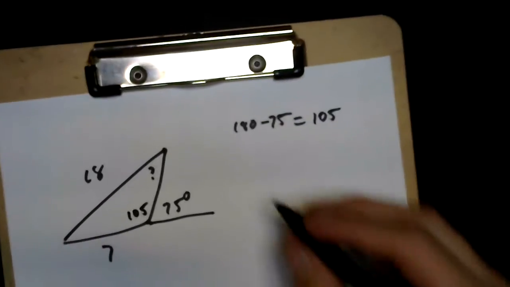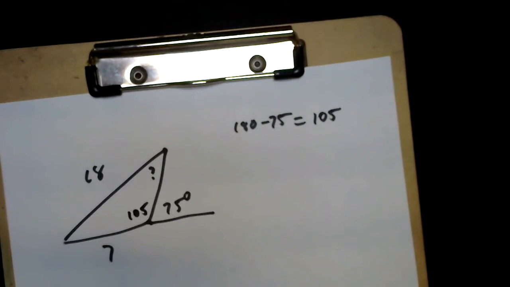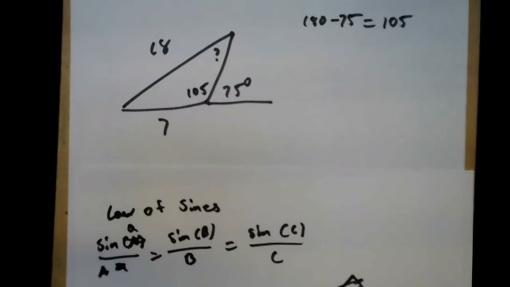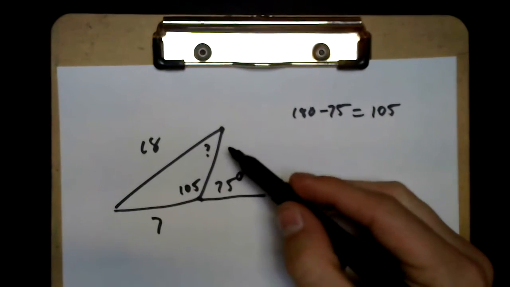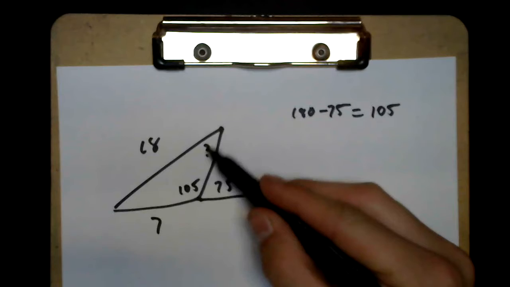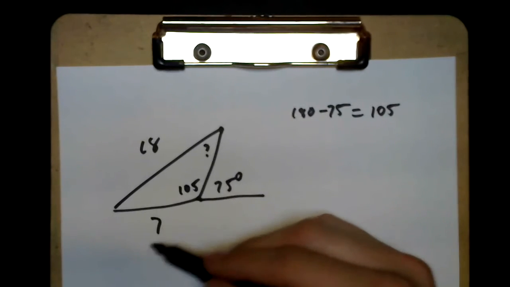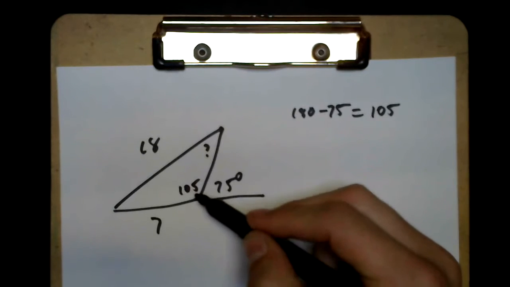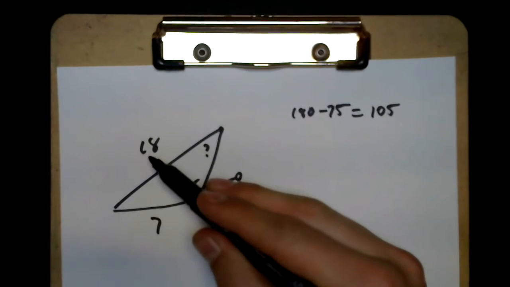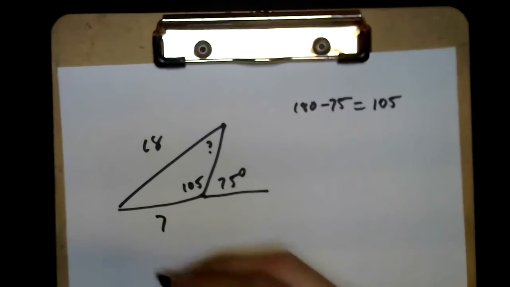Using our equation from before, saying sine of A over A, sine of B over B, sine of C over C, yada yada yada. Basically saying degree over the side length exactly across from it, equals the degree over the side length across from it.